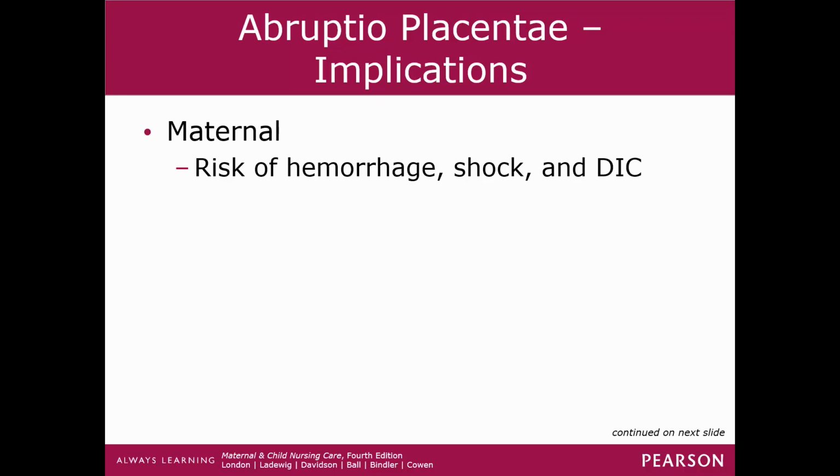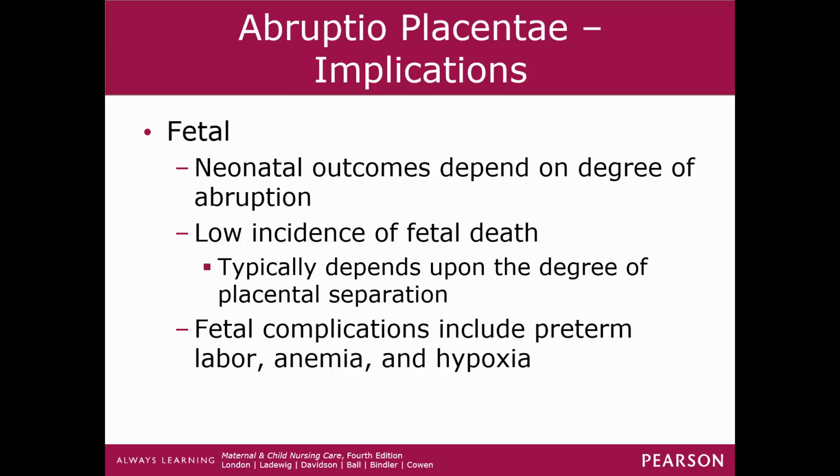So in an abruption, she could hemorrhage to death, even go into shock, go into DIC, and if mom is having severe problems like this, then you know baby's gonna follow with the problems. So the degree in which mom and baby have problems is related to the degree of separation.